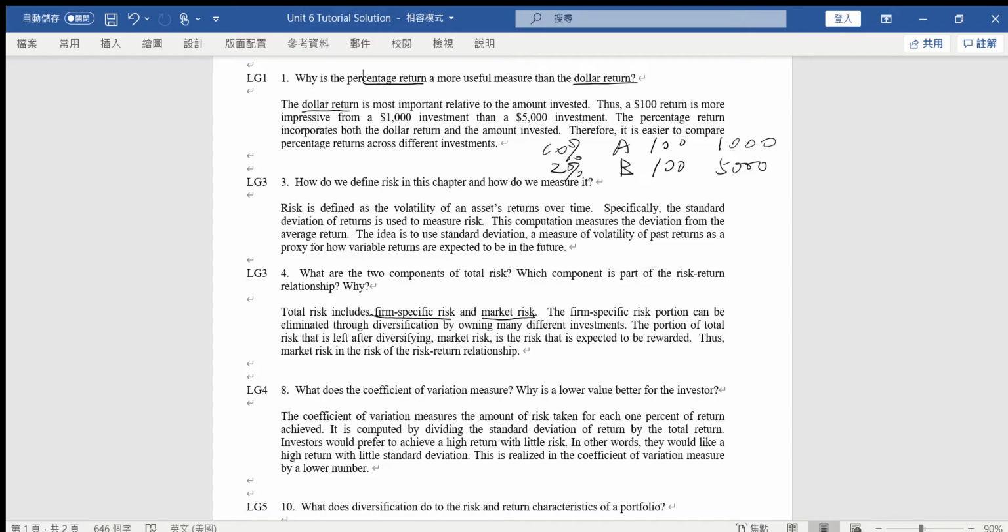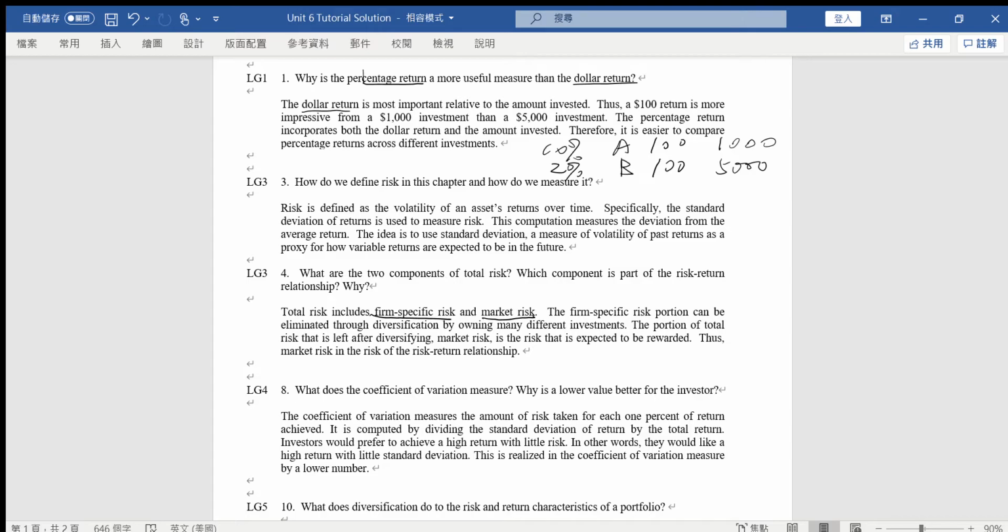For the first one, firm-specific risk can be eliminated by diversification. Diversification means you hold different kinds of investment, not just one.